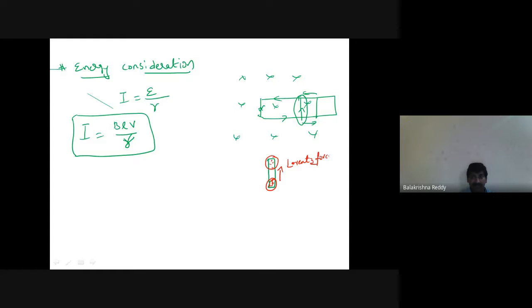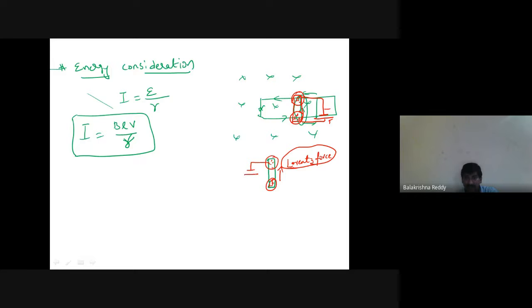We studied this in magnetic effects of electric current. When a current carrying conductor or a charged particle is placed in a magnetic field, it experiences a force. Inside the conductor, the charged particles experience the force, and due to this the charges get separated, creating a potential difference, positive and negative like this.